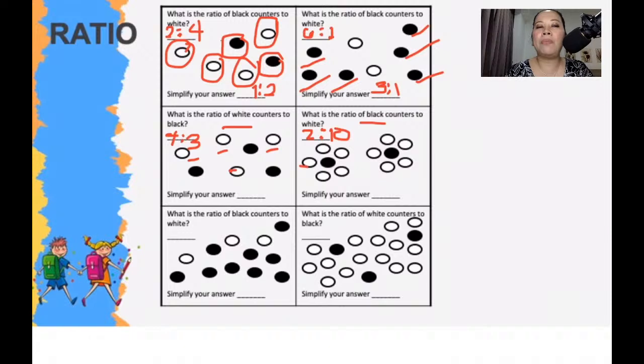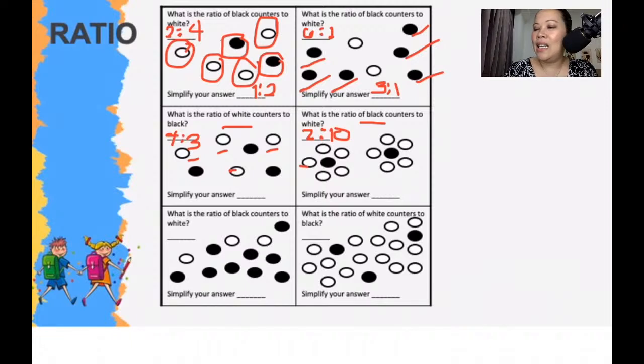Can anyone type in the answer? If you are asked the simplified form of 2 is to 10, then you have common is 2. Everyone is thinking, so I will leave that empty for now and move to the next one. Please do type your answer for the simplified form of 2 is to 10.